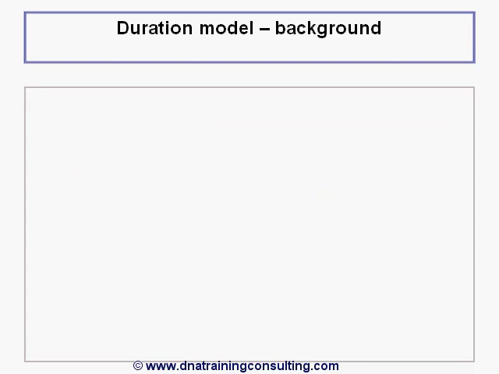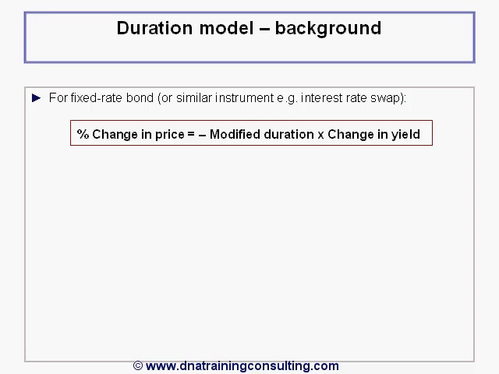We restate first the equation for the approximate percentage change of a fixed rate bond's price or similar instrument, such as an interest rate swap, as a function of yield shift and modified duration.